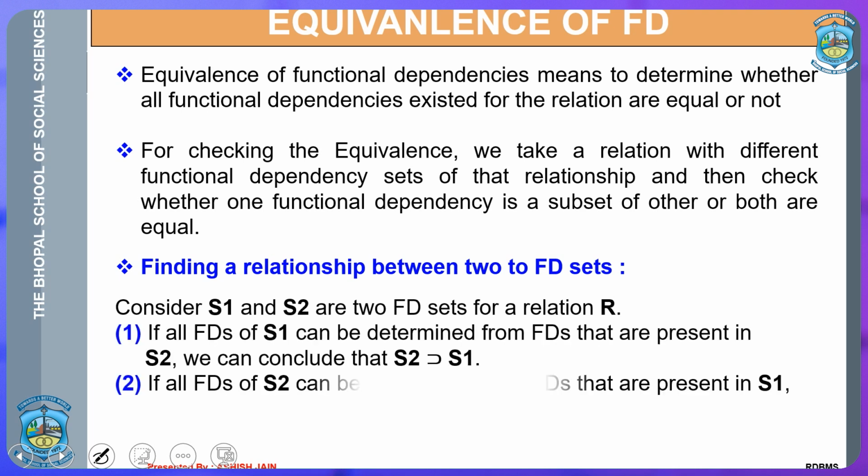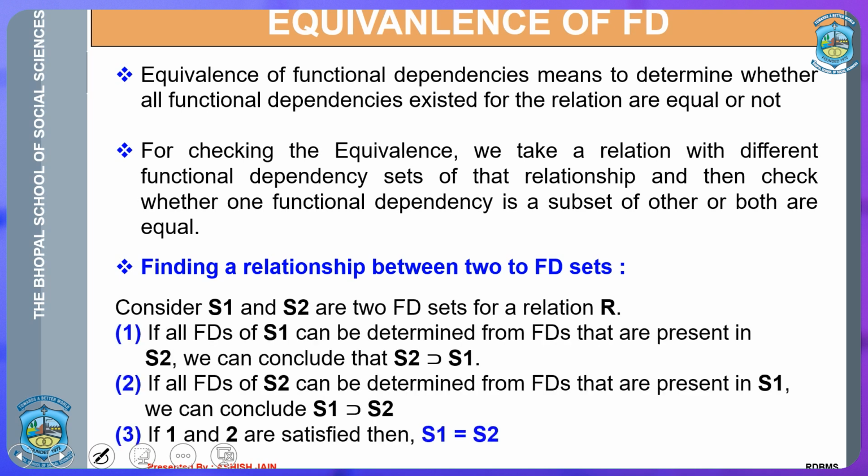In finding the relationship between two sets, we follow these steps. Suppose we have S1 and S2 as two sets of functional dependencies for the relation R. First step: if all the FDs of S1 can be determined from the FDs present in S2, we can say that S1 is a subset of S2.